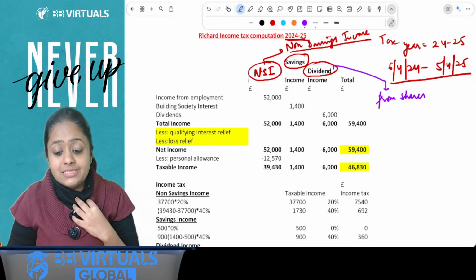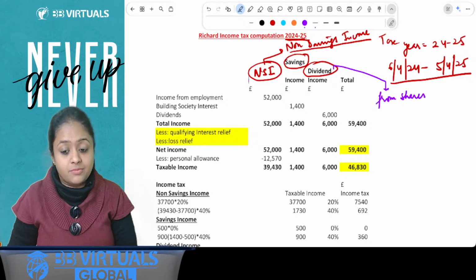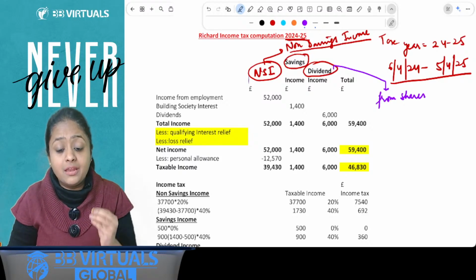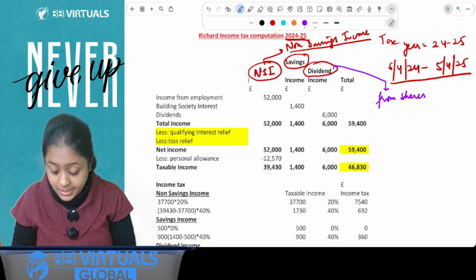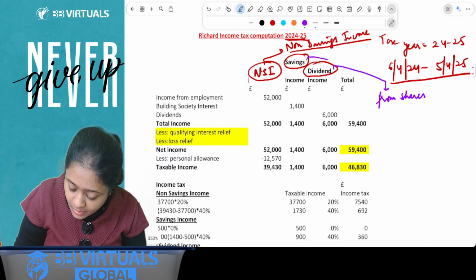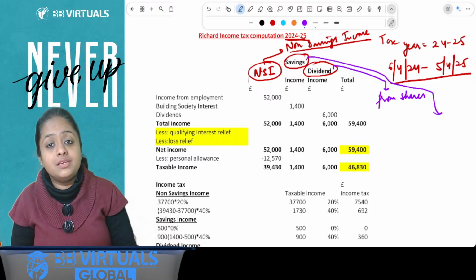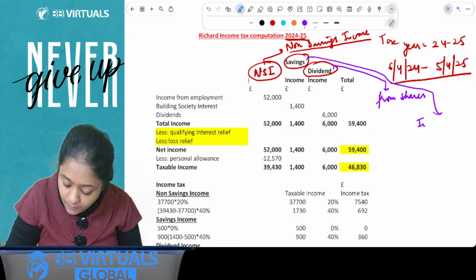The second is savings income, and here I will make you understand different terms also. What all income will be covered under savings? Savings income typically has interest income.